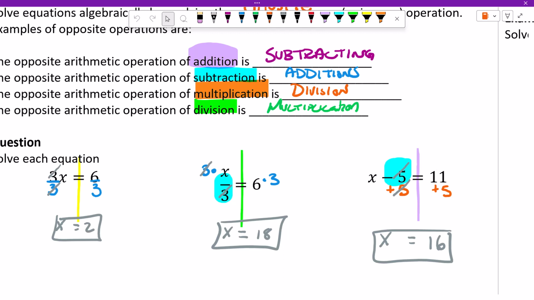That's its name. So we have a 3 we want to get rid of. A fraction line means divide, so the opposite of dividing is multiplying. To get rid of this 3, instead of dividing by 3, we have to multiply by 3, and we do that to both sides. So we figure out the number and the operation between the number and the letter, and we just do the opposite. And the notation is very important.